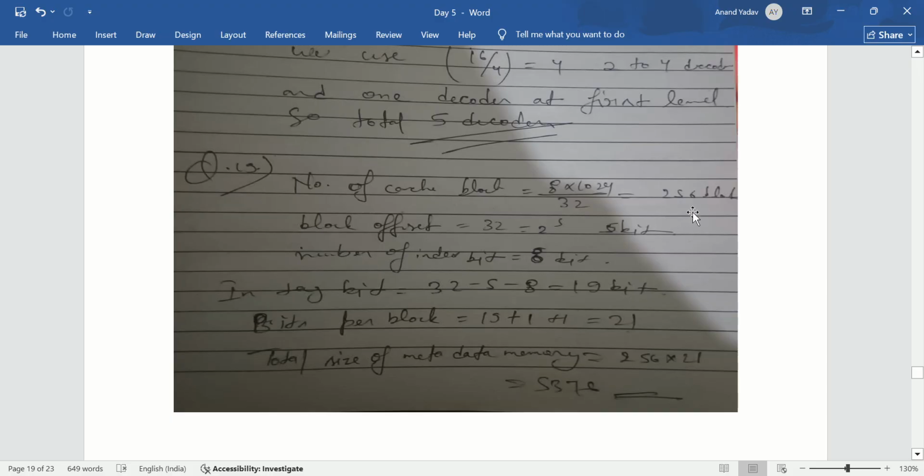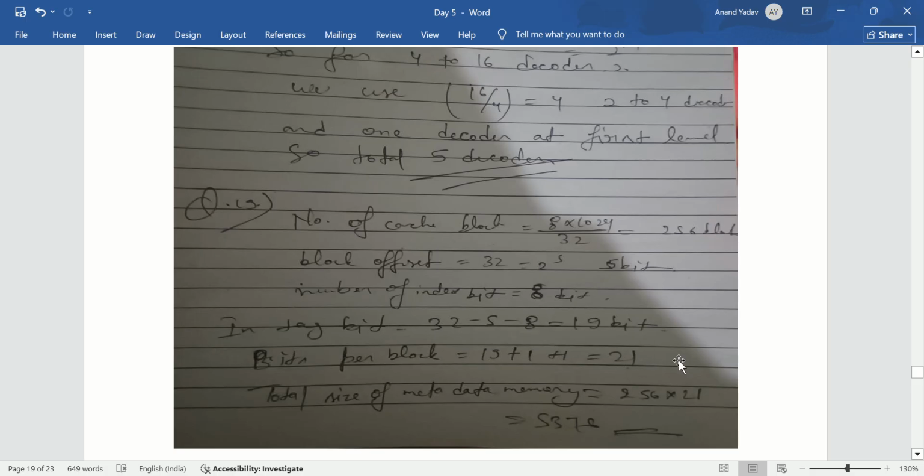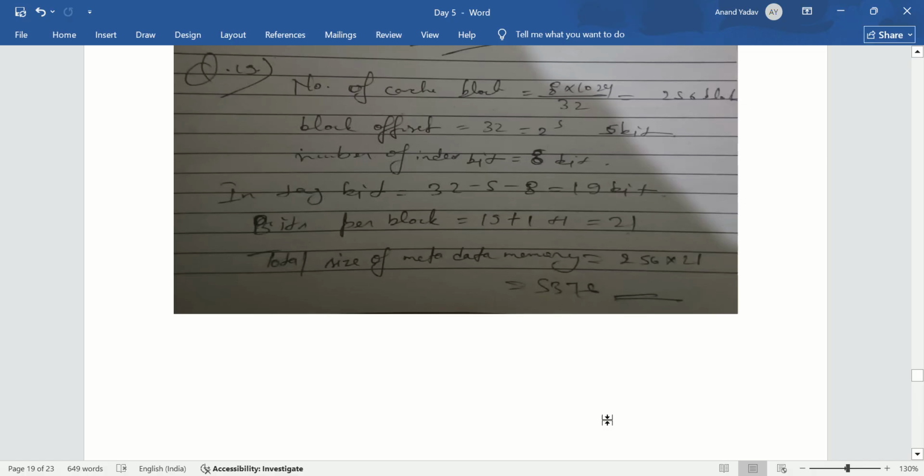First we calculate the number of cache blocks, then the block offset, then the number of index bits, 8. After that I calculate the tag bits as total minus index and block offset. I will get 19, then add the one valid bit and one modified bit, and I get the tag size for one entry, 21. So the total size for all entries is 256 cross 21, which gives 5376 bits.